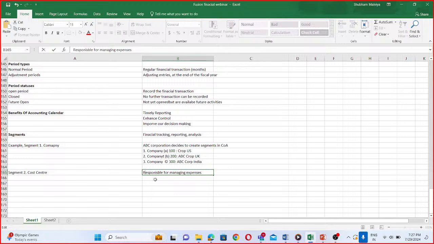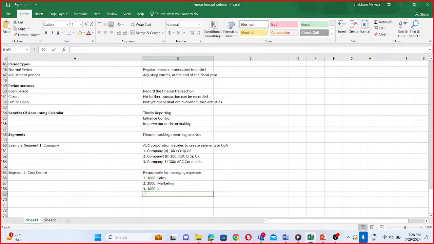As an example of values, we have code 1000 for sales, so we can track the expense data from sales. We have another department, marketing. Then the third department, code 300, belongs to the IT department.